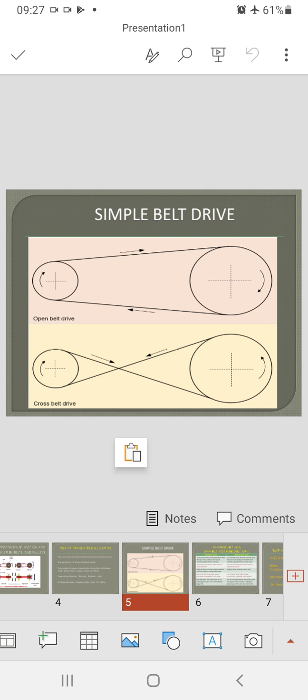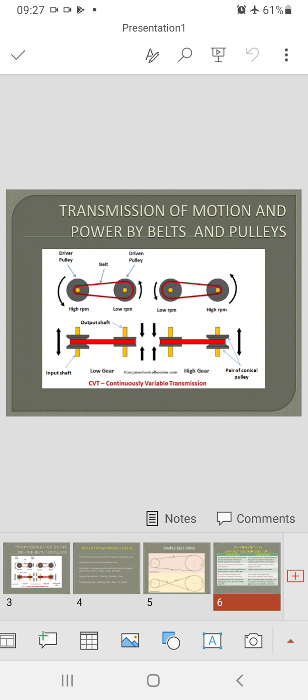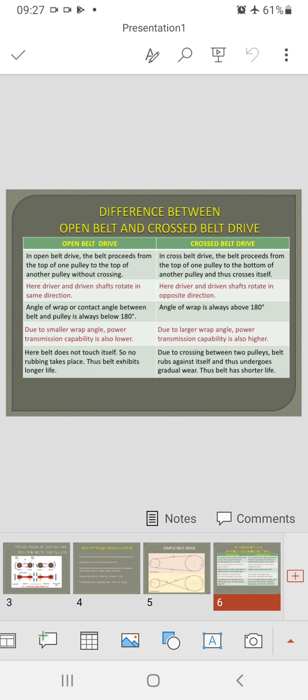In this way the cross is generated in the cross belt drive, and there are some advantages and disadvantages in the open belt drive and cross belt drive. We will discuss here the differences between the open belt and cross belt drive. By definition, the first difference is that in the open belt drive, the belt proceeds from the top of one pulley to the top of the other pulley without crossing.